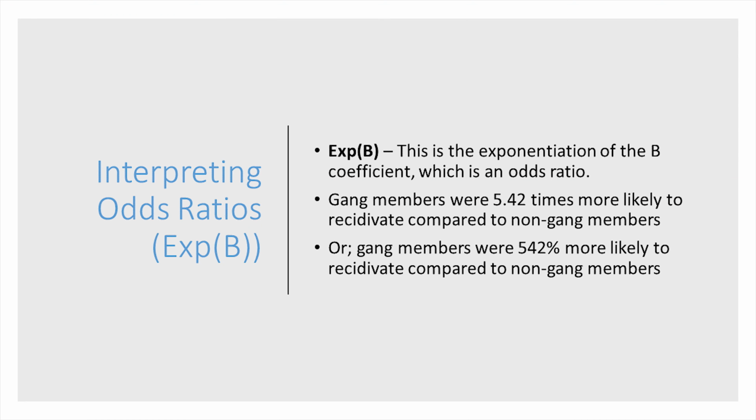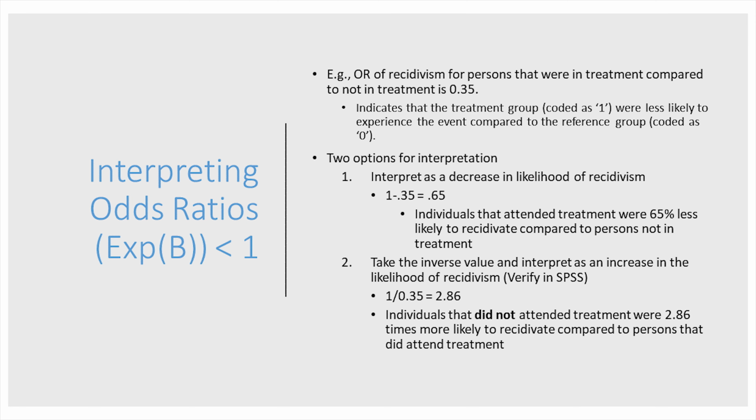So in the earlier example, we would say that gang members were 5.42 times more likely to recidivate compared to non-gang members, or we could also say that gang members were 542% more likely to recidivate compared to non-gang members. Where we can run into some challenges is with interpreting odds ratios or exponentiated B values that are less than 1.